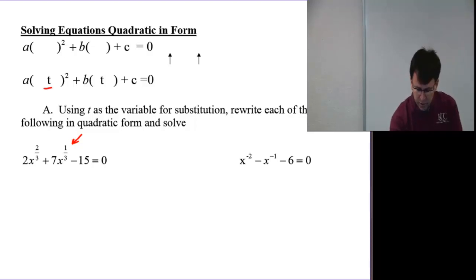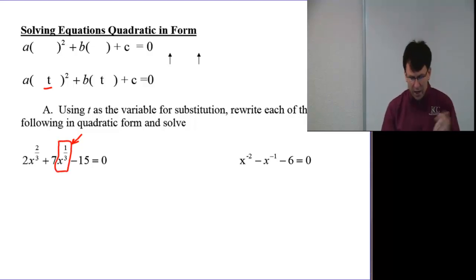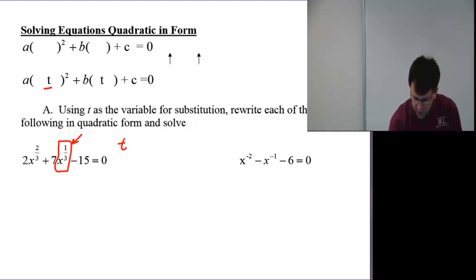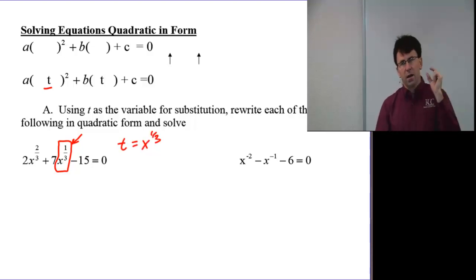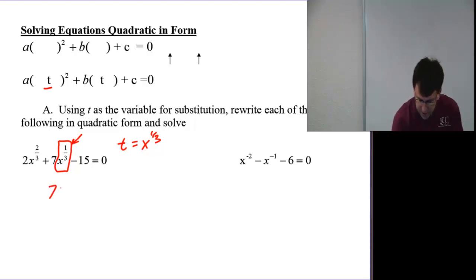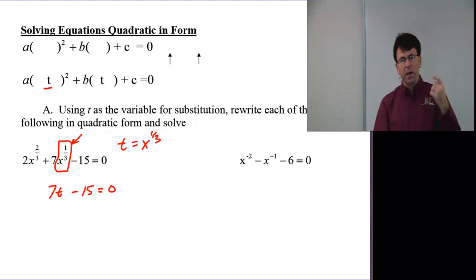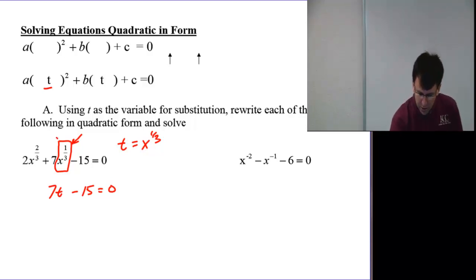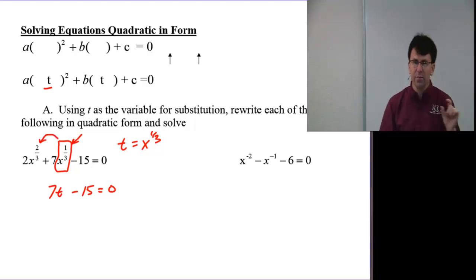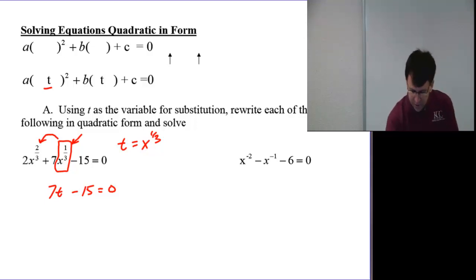If we were to look at a T variable substitution, if we were to choose this middle variable to be our t, if I said t equals x^(1/3), I could then say that this is 7t and the 15 is just going to be what it is. We recognize the quadratic in form as being that middle term: if I take that and square it, I get the other side to be what I wanted.